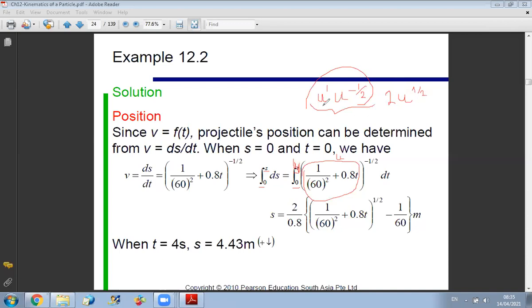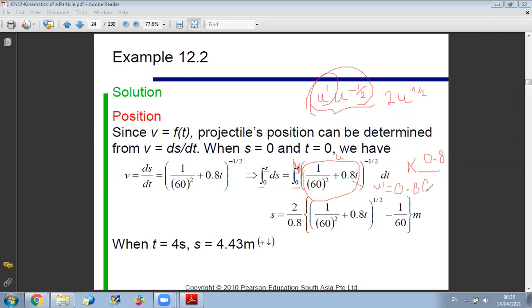Now you will tell me what is u prime, and do I have it here? Here, if you call this u, u prime is 0.8. Because it's a constant, since u prime is a constant, you can easily make it appear in your formula. Because if you multiply by 0.8 and you divide by 0.8, nothing will change.